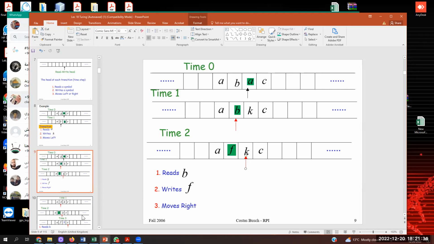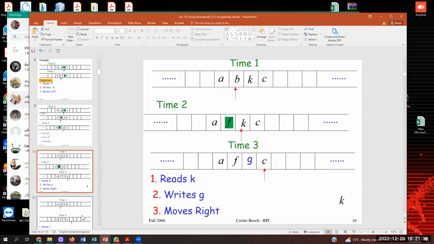Let's say at time 3, I was at time 1 here, F. Now I have G. I want to read K, I'm sorry, because now this is my pointer. I read K, so I no longer have K and I write G instead. So now I have a G and I move right.